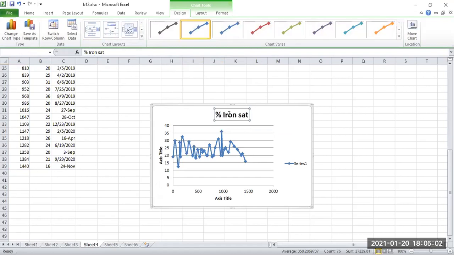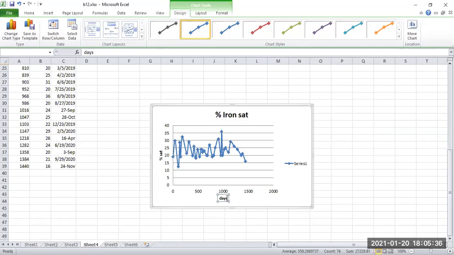If I hit my enter key, it will populate it into the box. I'm going to click on my vertical axis and label this percent saturation, so percent sat. Again, hit your enter key. And on the bottom here, I'm going to give days as my bottom axis.